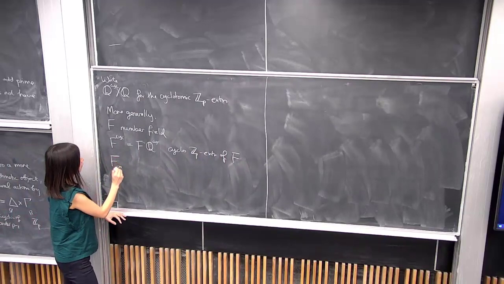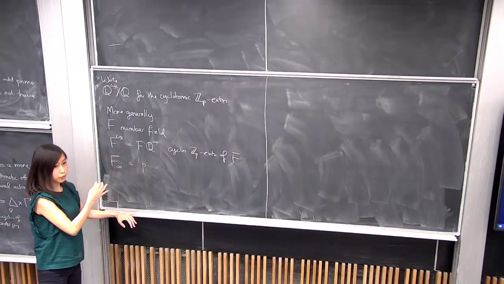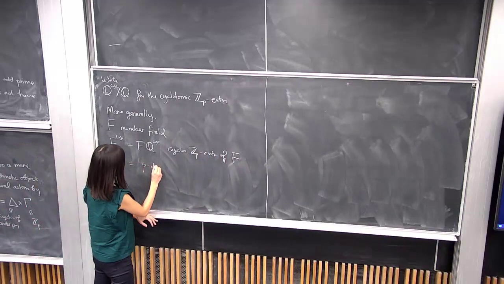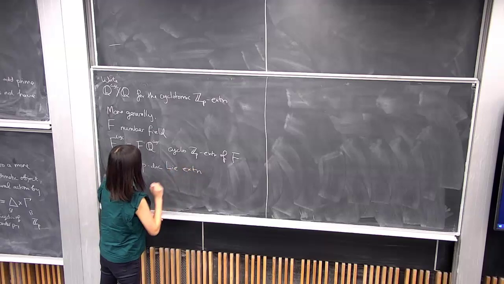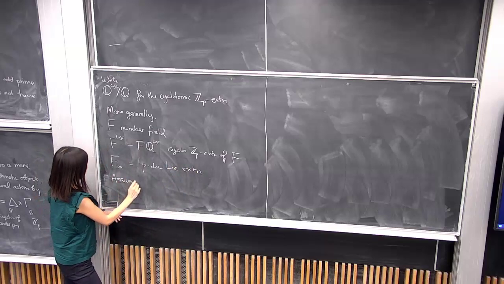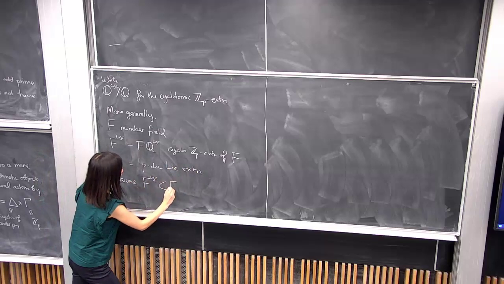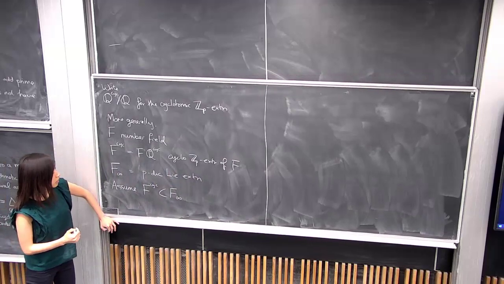I'll write F_infinity for a p-adic Lie extension, which means its Galois group is a compact p-adic Lie group. And we are going to assume the cyclotomic Z_p extension is inside it.